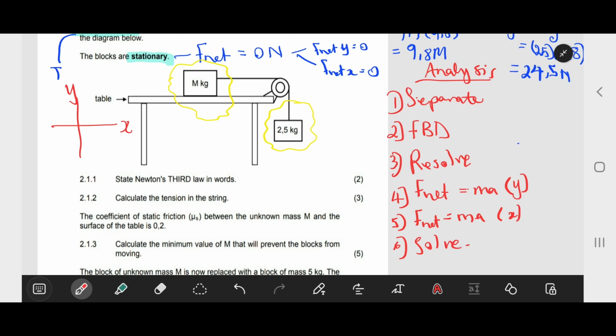So let us start with our analysis. Step number 1, we separate. We agree that we will apply Newton's laws on the first object and Newton's laws on the second object separately. And then step number 2, we draw a free body diagram for each object.